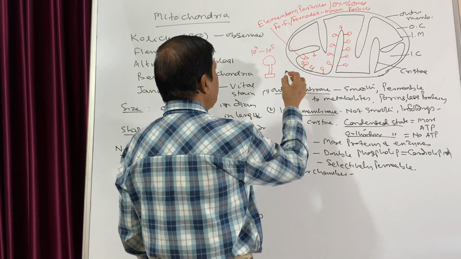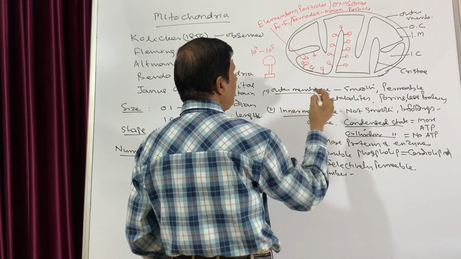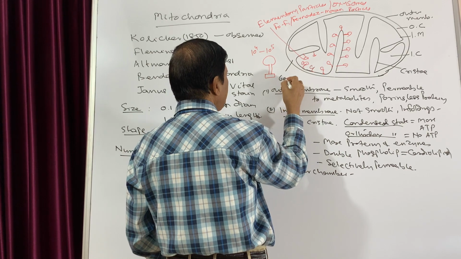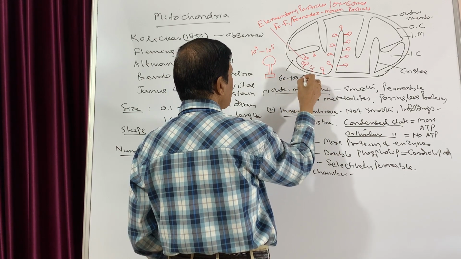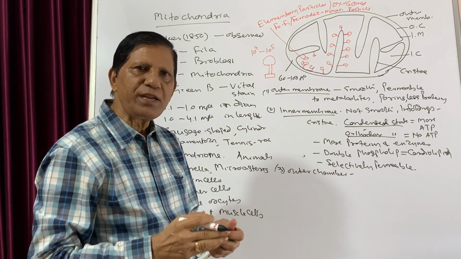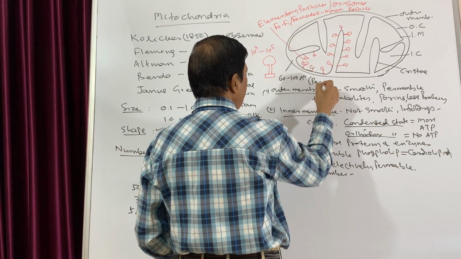Its width is usually 60 to 100 angstrom, and it is also known as the perimitochondrial space.